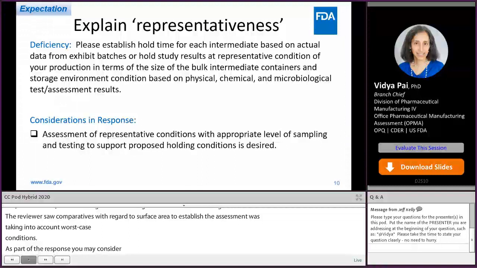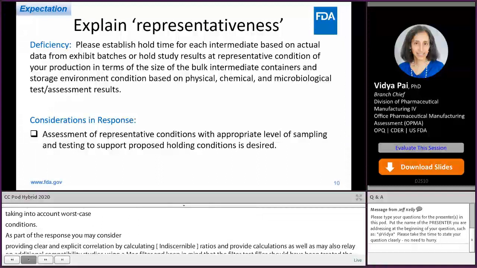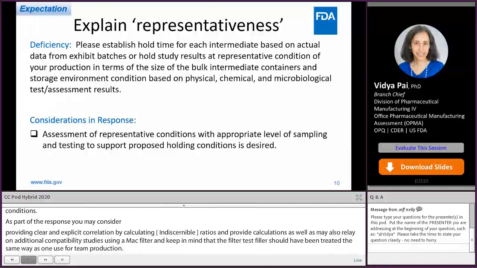Another example here about representativeness relates to that of hold time studies. In this case, a deficiency was sent for a hold time study for a granular intermediate being held in IBCs.